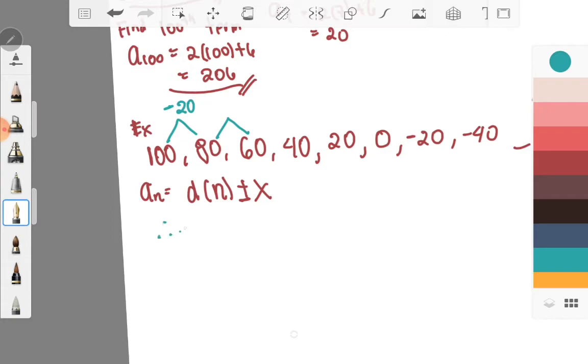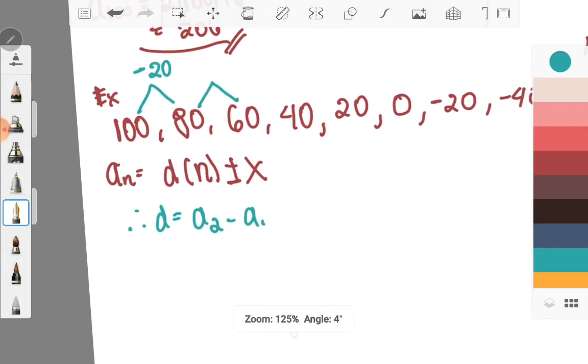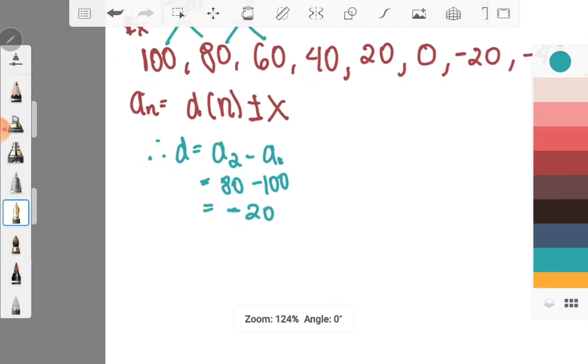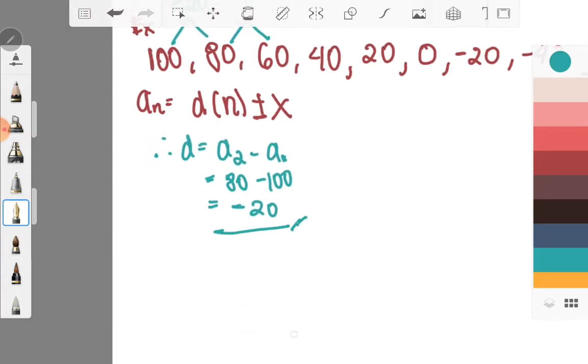Okay, note that d is equal to a2 minus a1 or a3 minus a2. Huwag niyang babalik ta rin because it will give you the difference. So we have 80 minus 100, never get the absolute value. Your d is equal to negative 20.